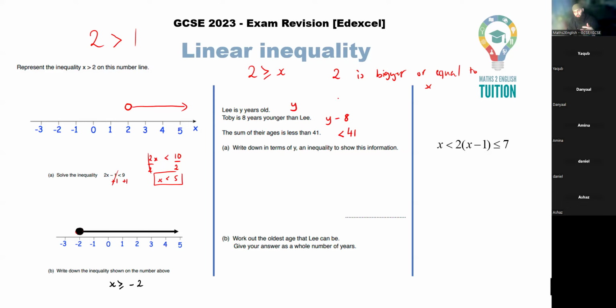As you can see, as I'm going through the question, I'm writing notes down. Write down in terms of Y the inequality shown in the information. I can write Y for Lee plus Toby, which is Y minus 8, is smaller than 41. That's really my answer.